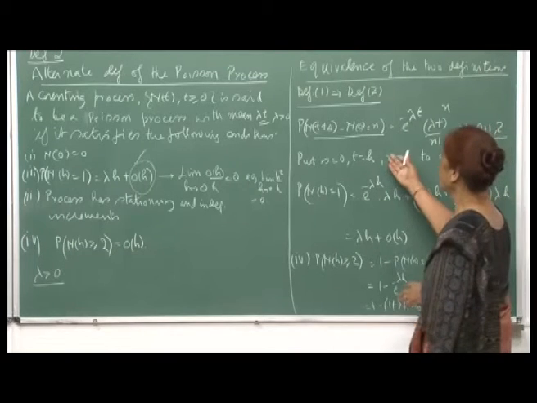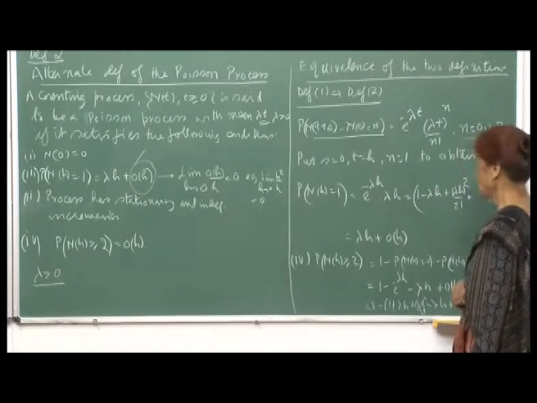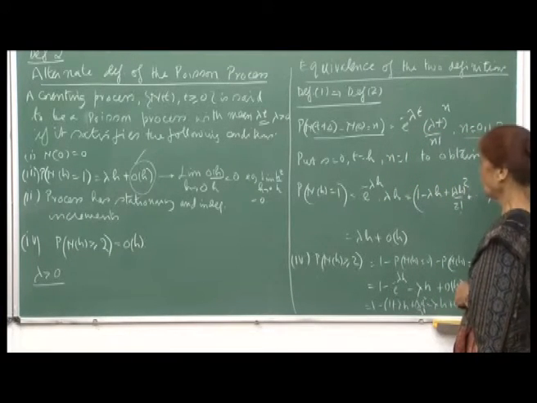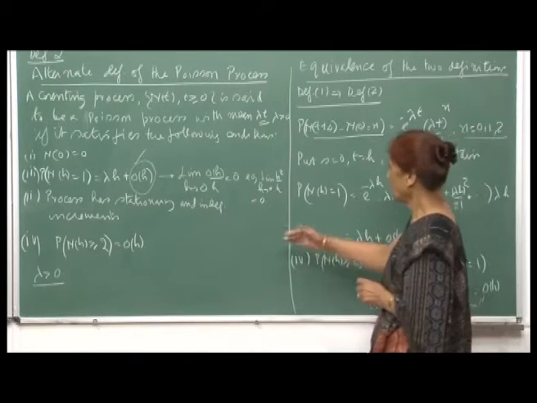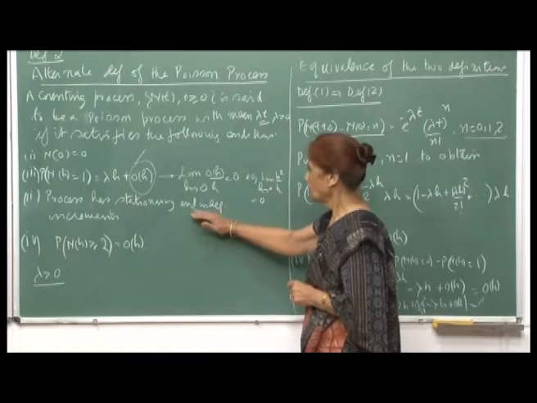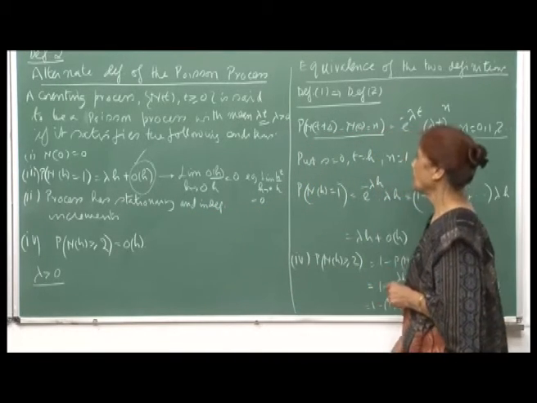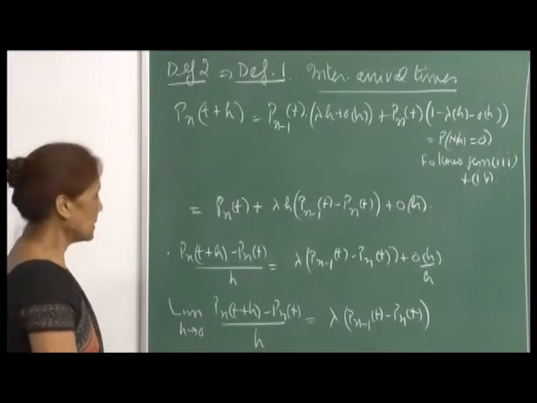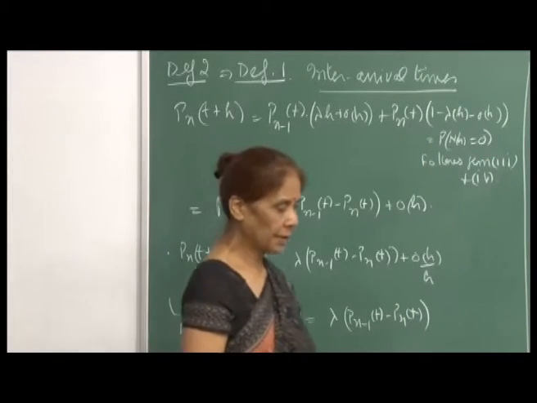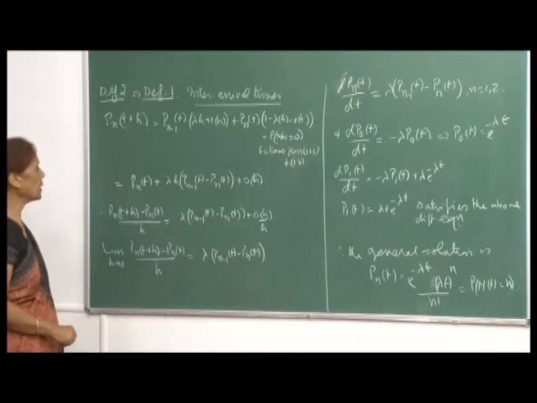So, you can see that definition 1 implies definition 2, and now we will show that definition 2 implies definition 1, and most of the time we would be working with this definition of the Poisson process.